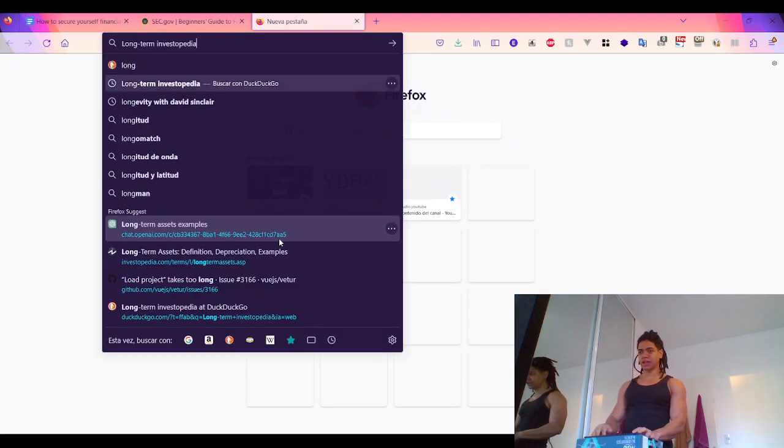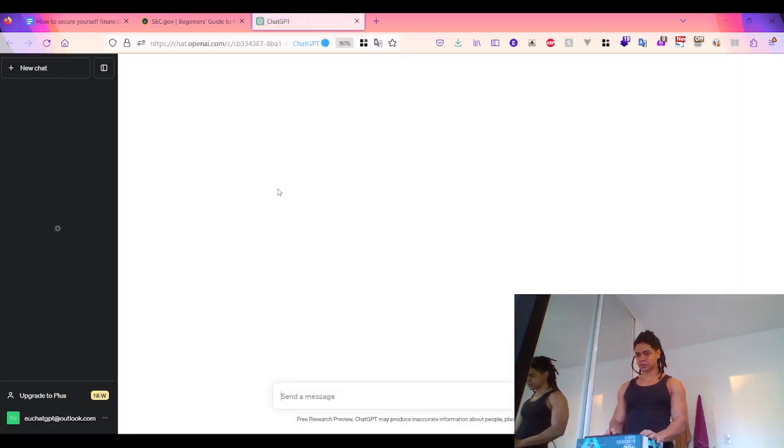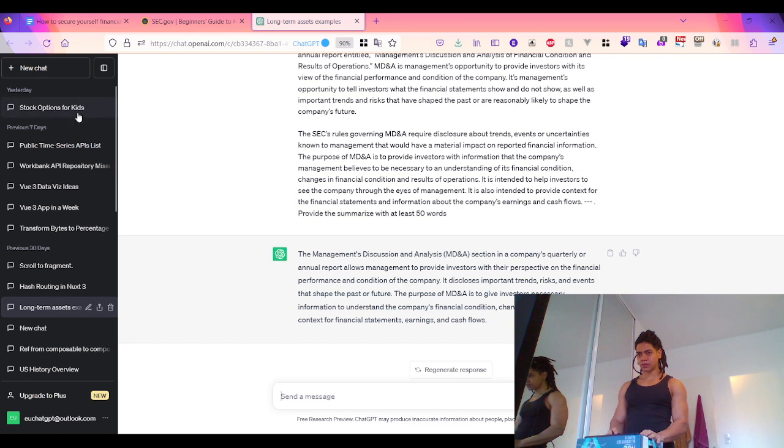Let me take a look here at the long-term assets examples.